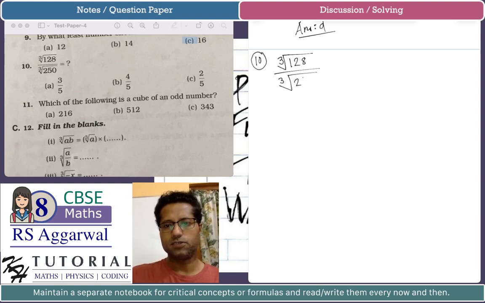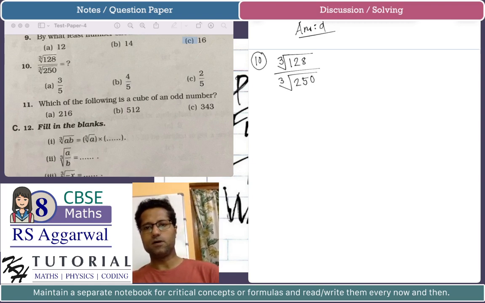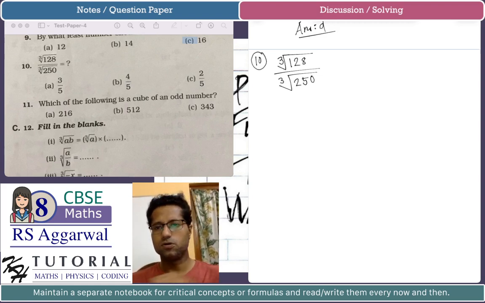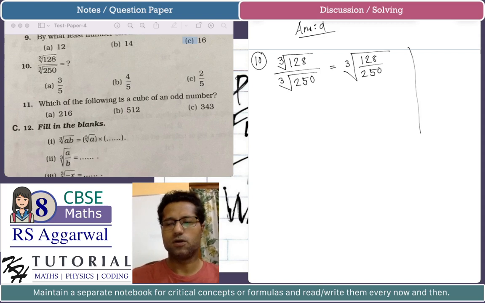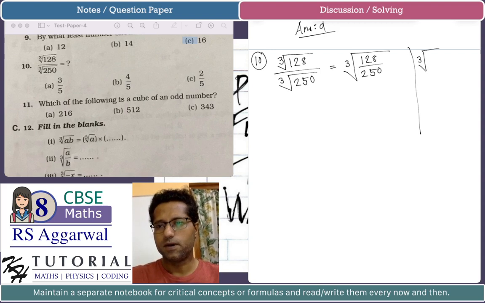250. Now you can see that 128 is not a perfect cube and 250 is also not a perfect cube. So the idea is to rewrite this as cube root of 128 by 250, because there is a property of cube roots that cube root of x by y is equal to cube root of x divided by cube root of y.